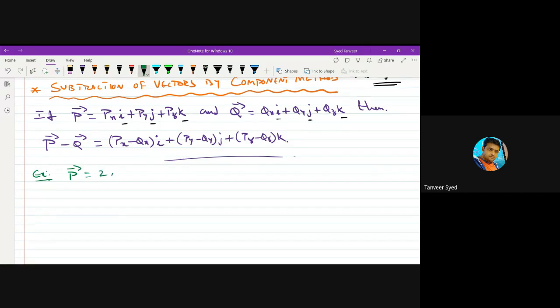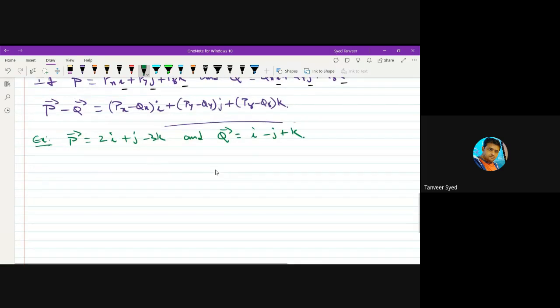Vector P is 2i plus j minus 3k, and vector Q is i minus j plus k. If I do vector P minus vector Q, it will be 2 minus 1 i plus 1 minus of minus 1 j plus minus 3 minus 1 k.